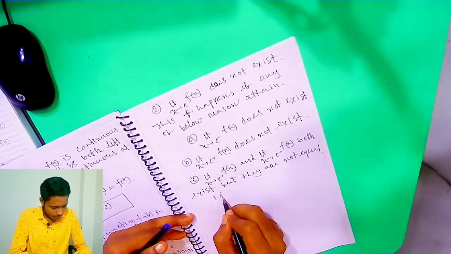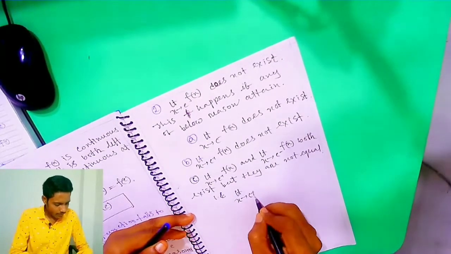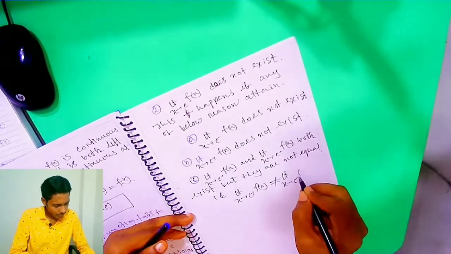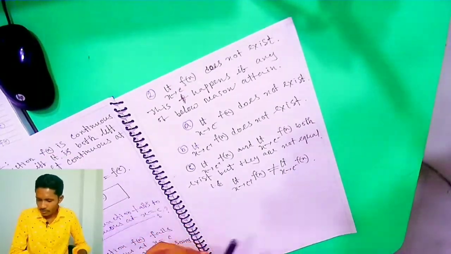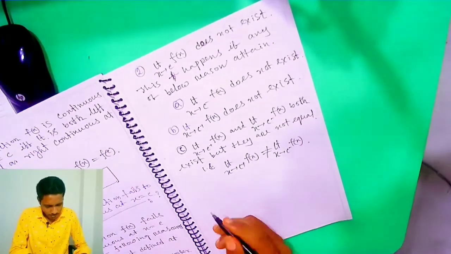That is, limit x tends to c plus of f(x) is not equal to limit x tends to c minus of f(x). Okay. Number 2. Number 3.